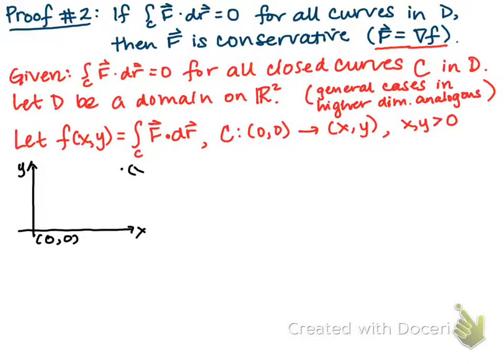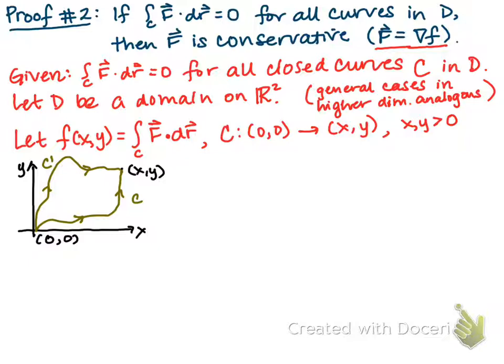Let's say that here is my curve C, and my curve goes from 0, 0 to x, y. Well then, let's find another path. I've arbitrarily picked C, but let's call another path C prime. So maybe C prime is over here, and C prime also goes from 0, 0 to x, y.